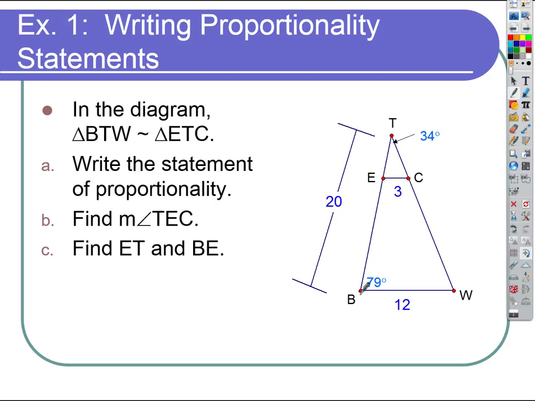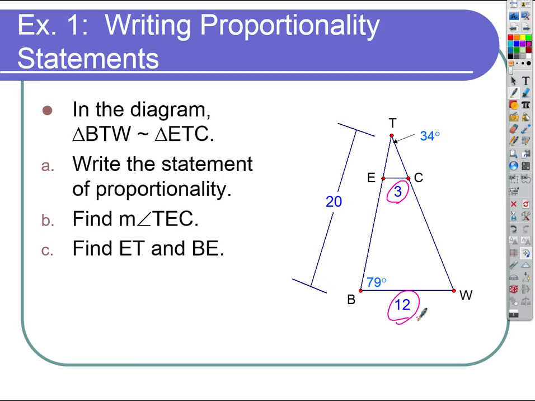What if we want to find ET and BE? We've got to find the scale factor. How are we going to do that? Use the 12 and 3. Okay, good. We picked the 12 and the 3 because they are known lengths of corresponding sides. So if we want the scale factor of triangle BTW to triangle ETC, now this is kind of important, because we can define it in two different ways.